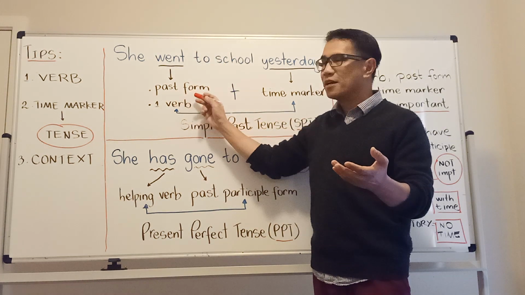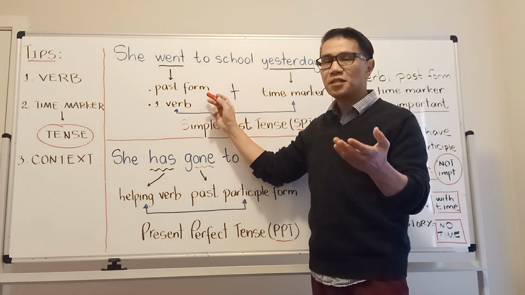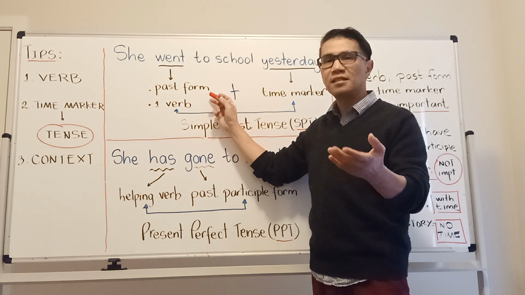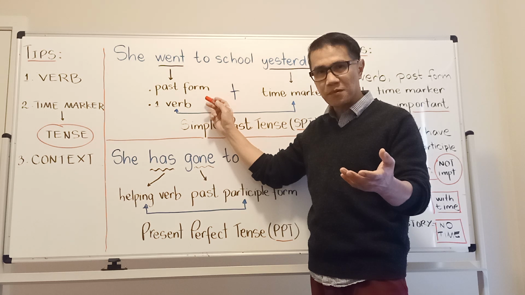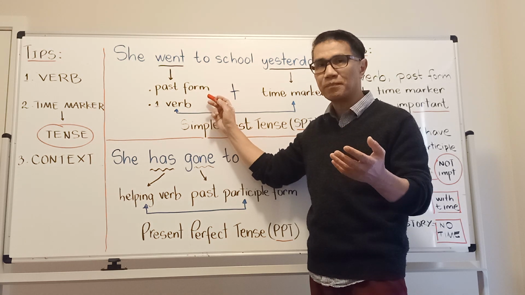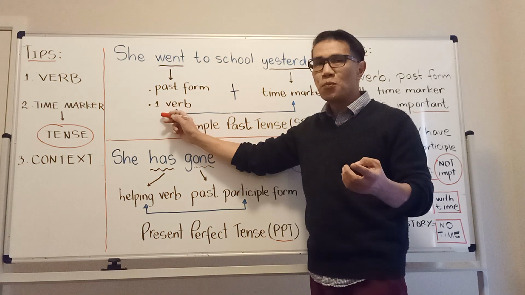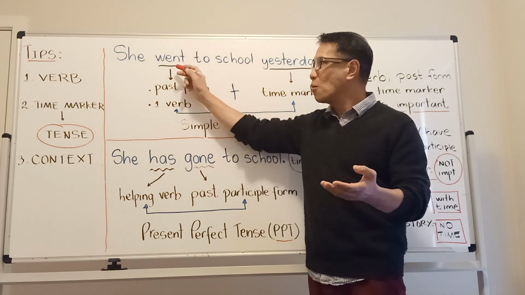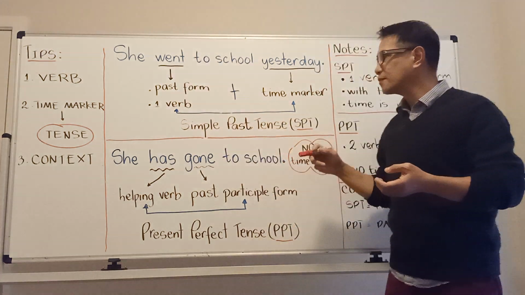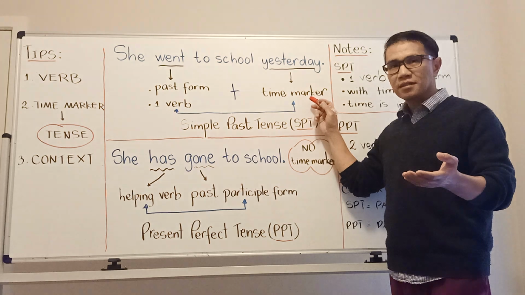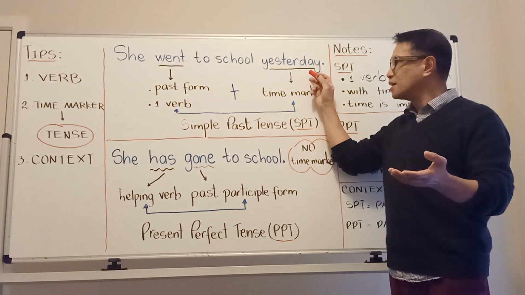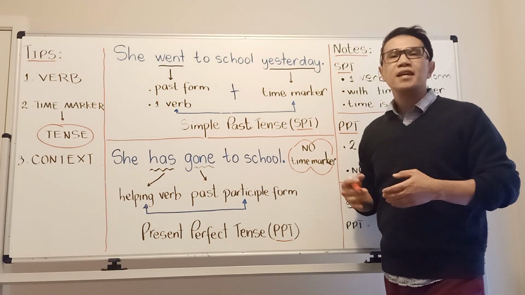It is in the past form. It is not in the present form. It is not in the past participle form. It is in the past form. There is only one verb, went.